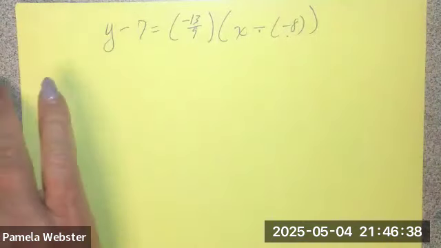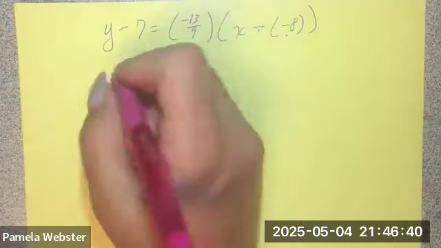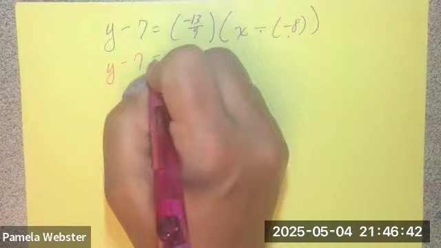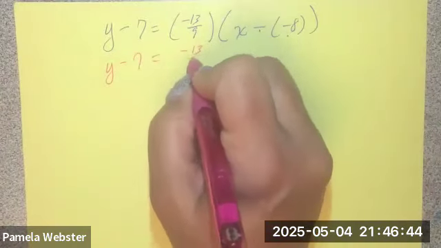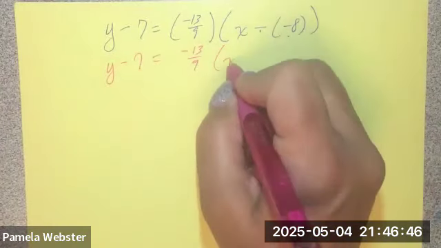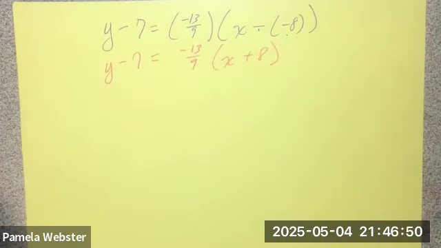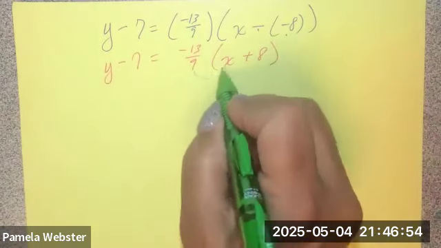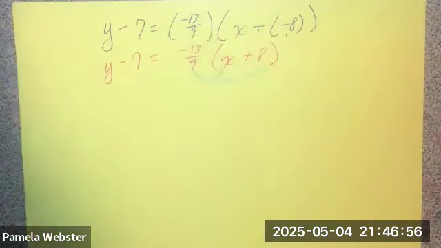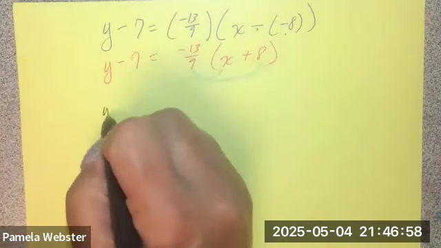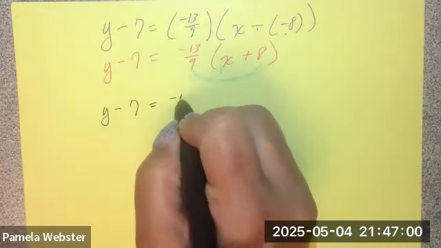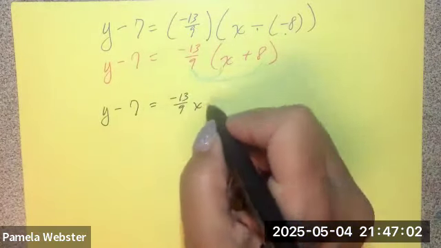So again, be super careful with our negative signs. We're going to see the negative and the negative here in a second is indeed a positive. So x plus 8, right? And then from here on out, it's just get the y by itself. So we need to distribute this through. y minus 7 equals -13 ninths times x plus 8.